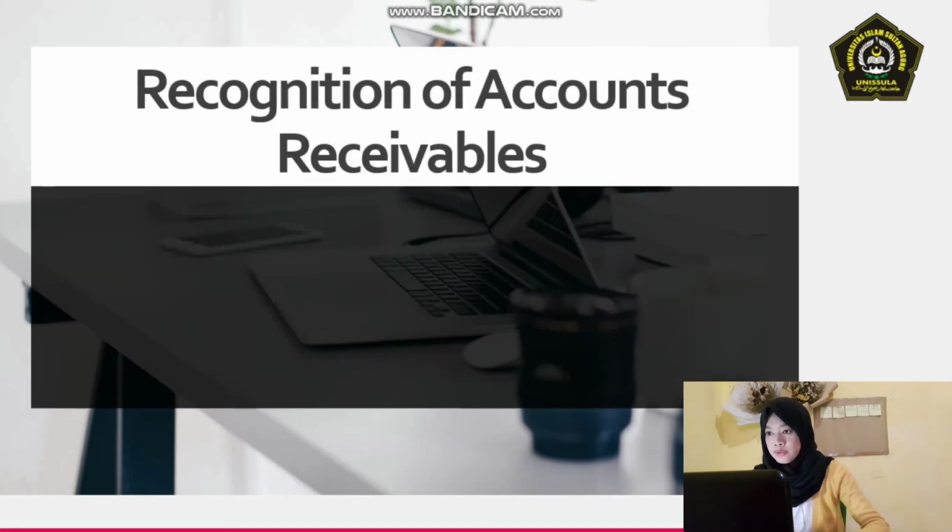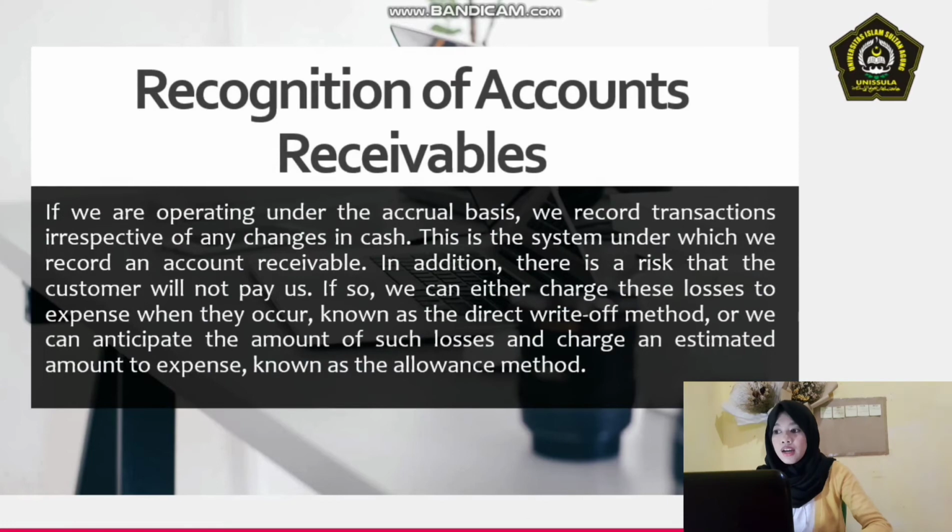Okay, let's go to recognition of account receivables. If we are operating under accrual basis, we record transactions irrespective of any change in cash. This is the system under which we record an account receivable. In addition, there is a risk that the customer will not pay us.